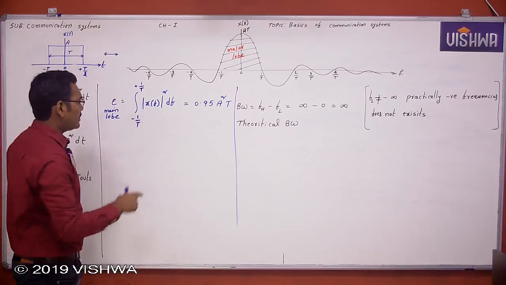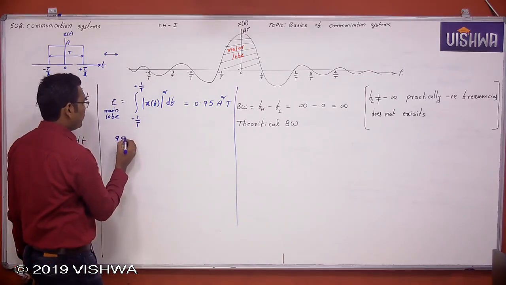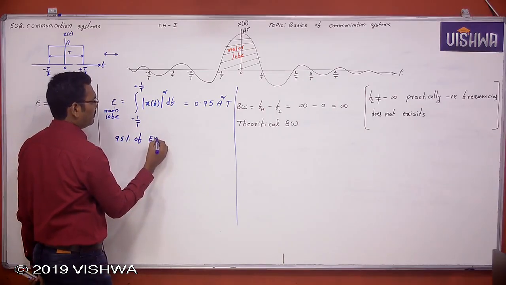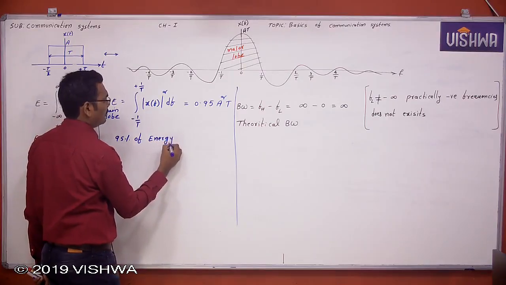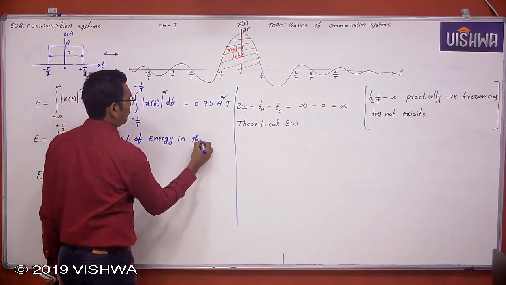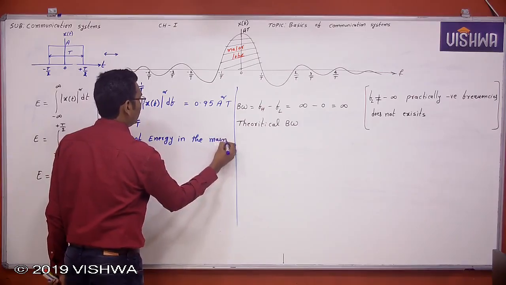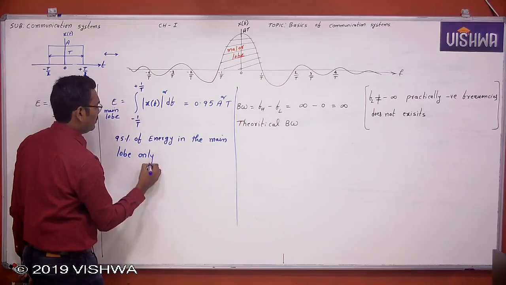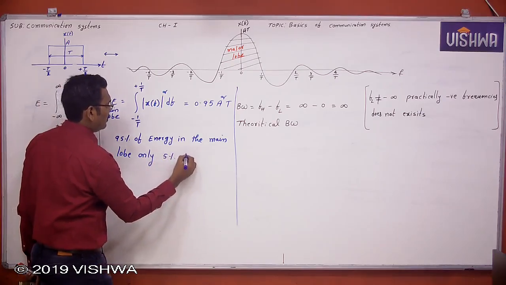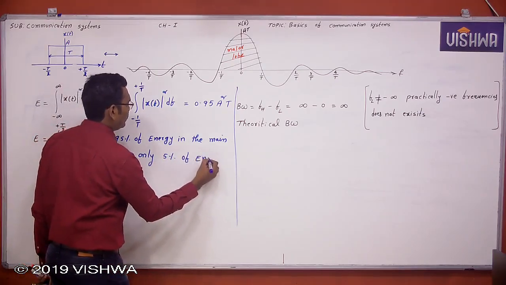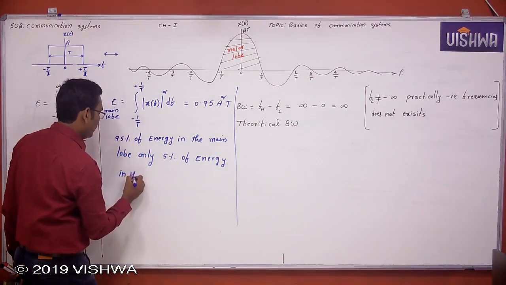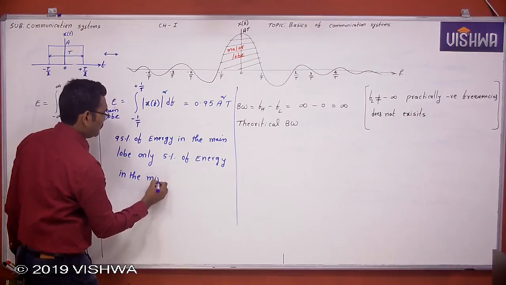So what we can understand is 95% of the energy, or information, is in the main lobe, and only 5% of the energy or information is in the minor lobes.